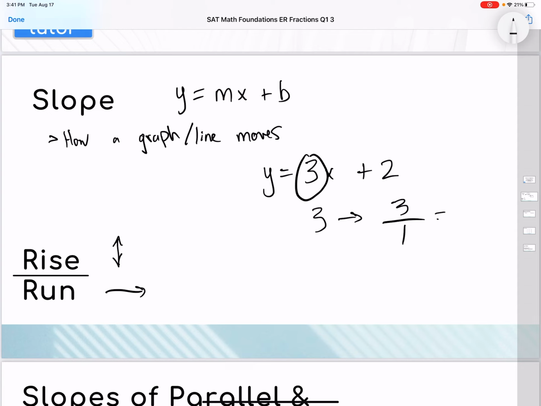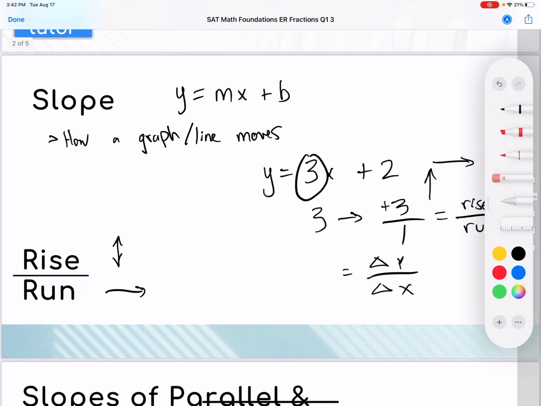And if we apply that rise over run, that's really the same thing as calculating our change, or delta, that triangle symbol, change in y over our change in x. Meaning for every 3 that our graph went up, because that 3 was positive, our graph went right 1 unit.